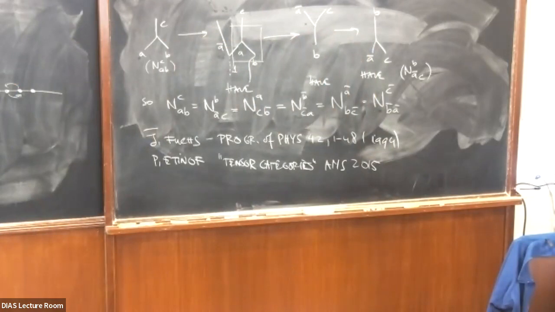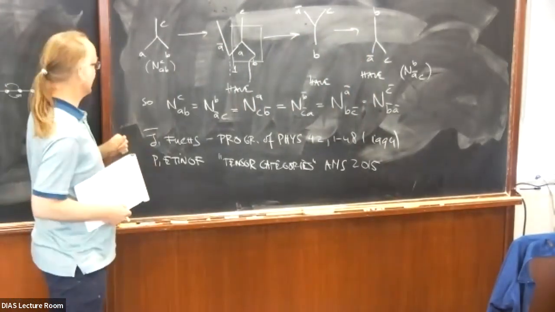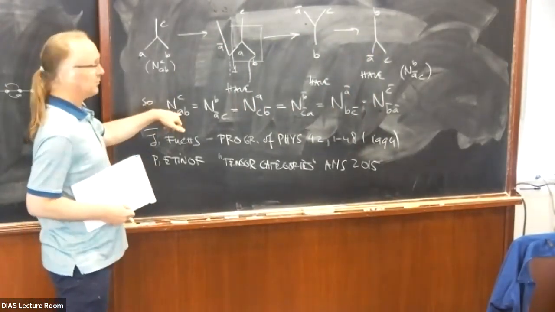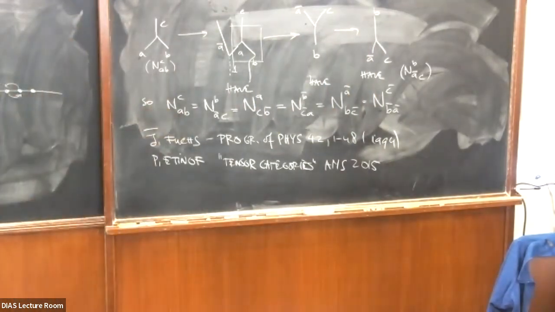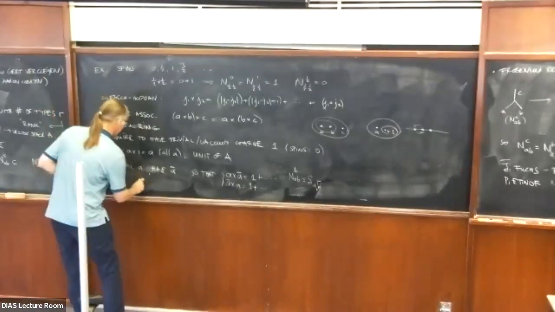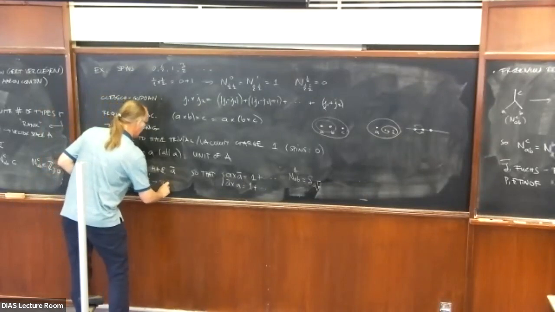Okay, so now that we have this, the first thing that is interesting to note is that particles can be self-dual, so it's totally allowed for A to be equal to A bar, and it's called self-dual.